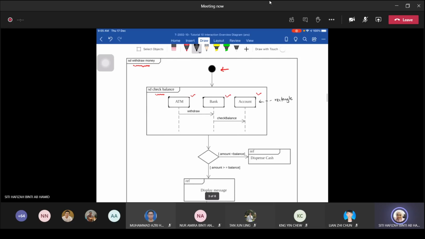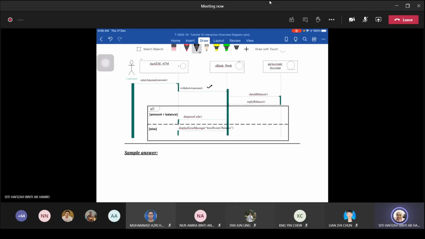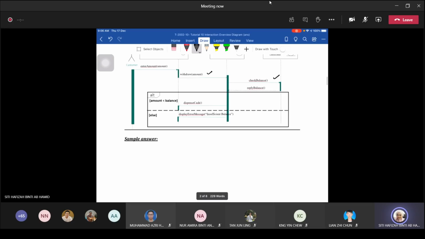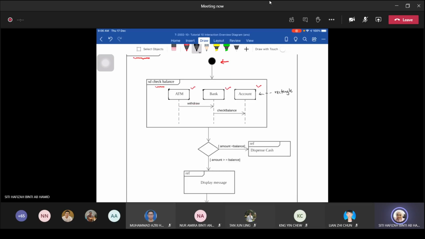You see, I take this one, withdraw, and then check balance. I don't have to take the reply balance because that is not the occurrence, the interaction. That one is just the reply interaction, so I can ignore that. So then I got this.